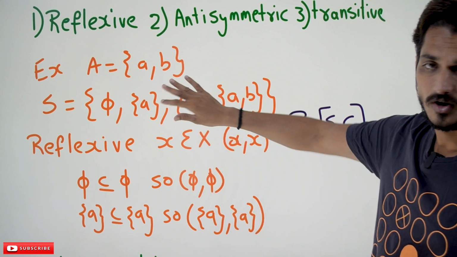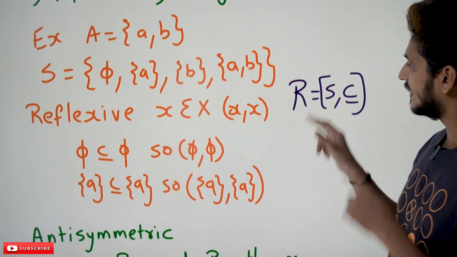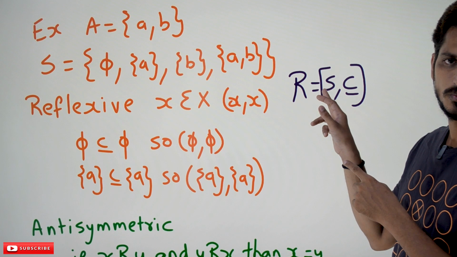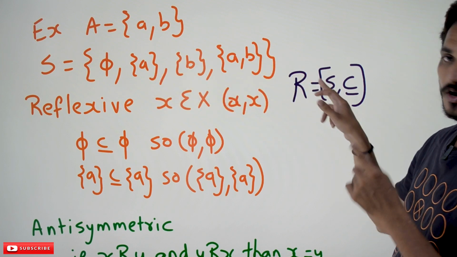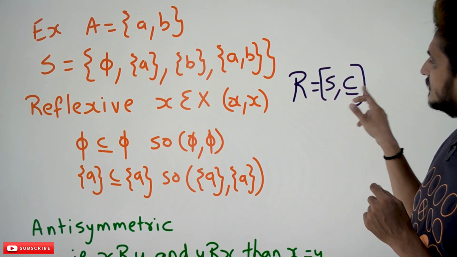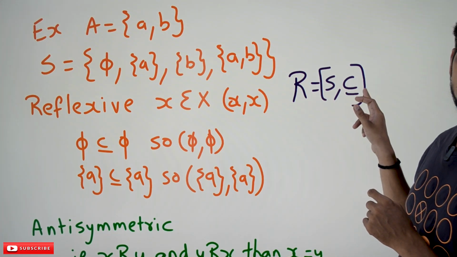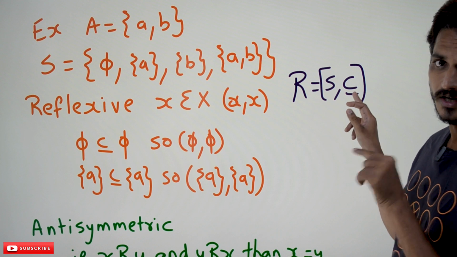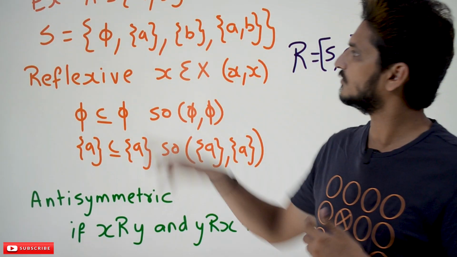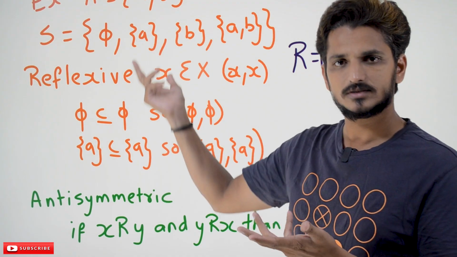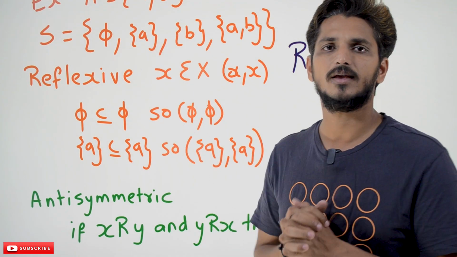On this set S, we define a relation R, where the relational operator is subset. So our relation is subset. What are the elements that belong to the subset relation? Phi is a subset of phi, so we can take the pair (phi, phi).